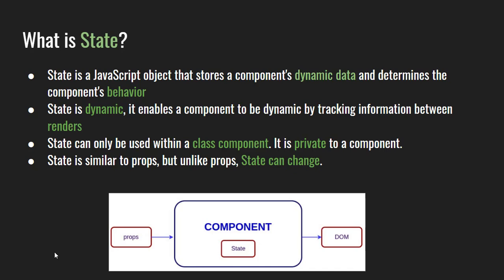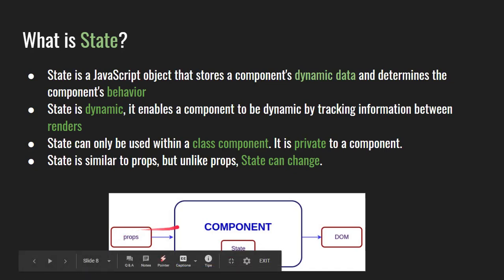I remember this from a long time ago, and it was quite funny: your public stuff is available to everybody, your protected items are for your friends, and your privates are for yourself. That's the way you can remember all those things for class components. State is private to the component, and nobody else should be touching that. State is similar to props, but unlike props, state can change, as we said.